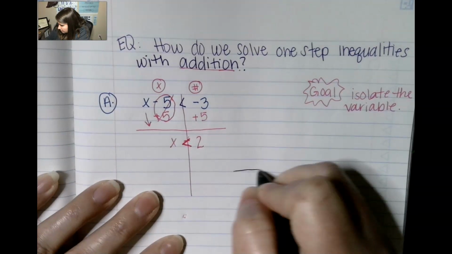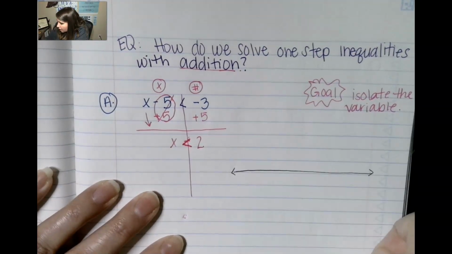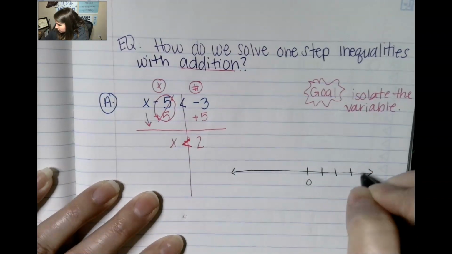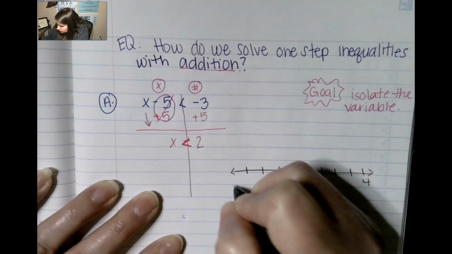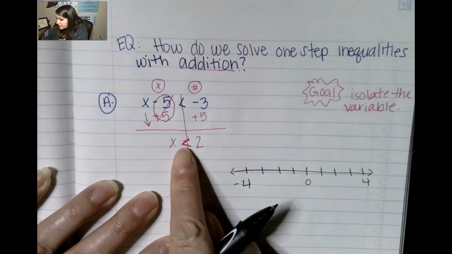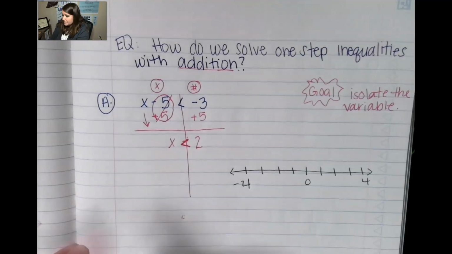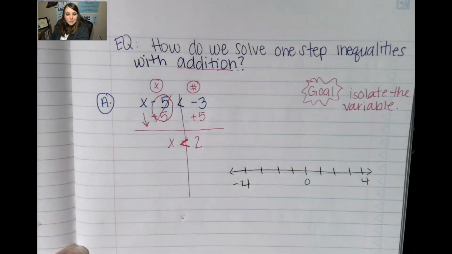So we're going to make a number line, just like we have in the past. And on my number line, we're going to graph 1, 2, 3, 1, 2, 3, 4. All right, so it says that x has to be less than 2. Now, it is an open dot because it's not going to equal 2.